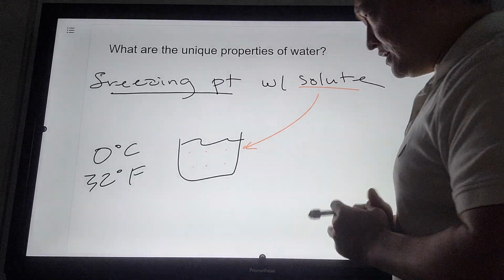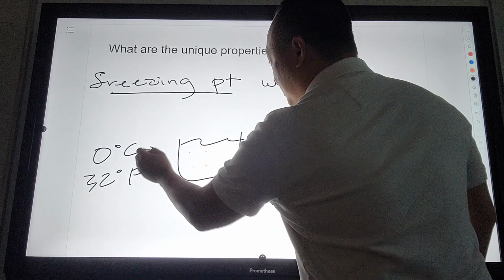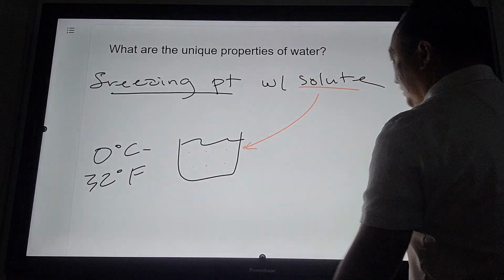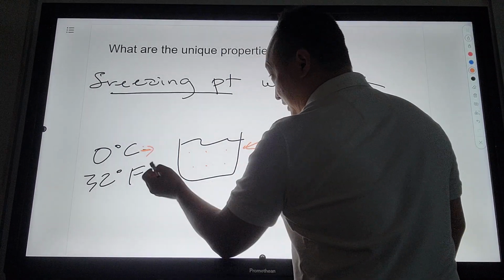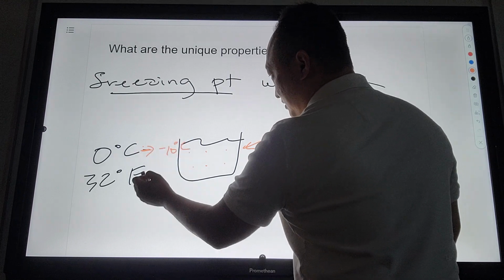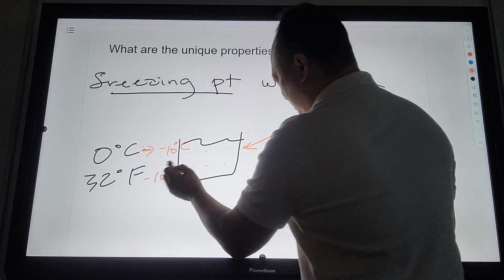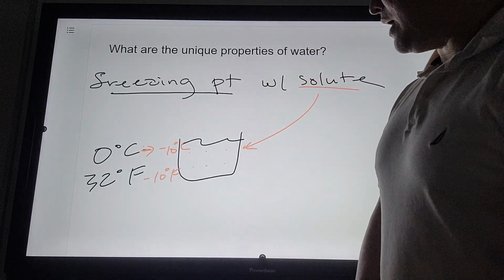That's when water freezes under standard conditions. But when you add solute to it, that freezing point can get lowered to like negative 10 degrees Celsius or negative 10 degrees Fahrenheit. It depends what you add in there and how much of it you add.